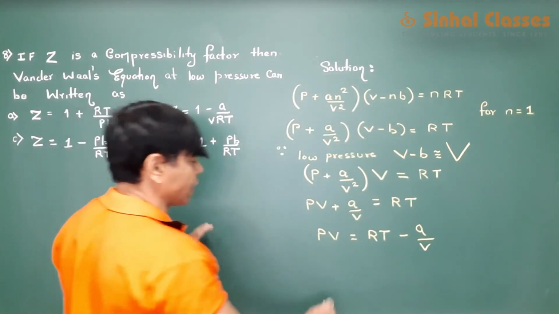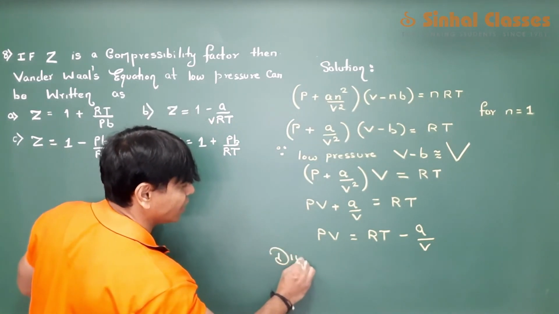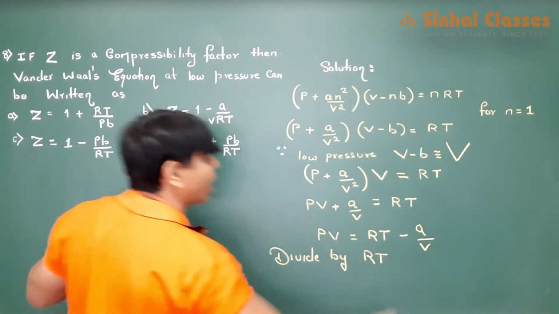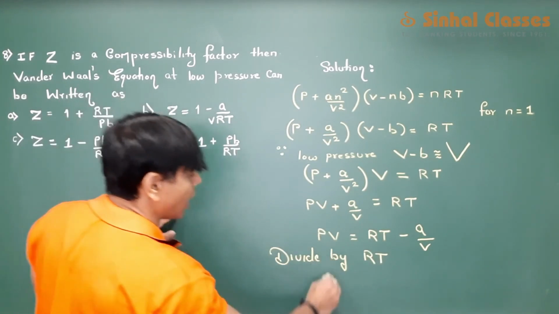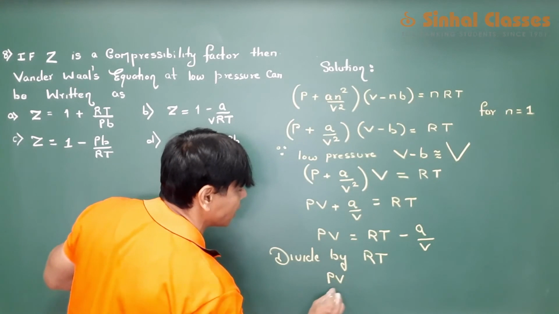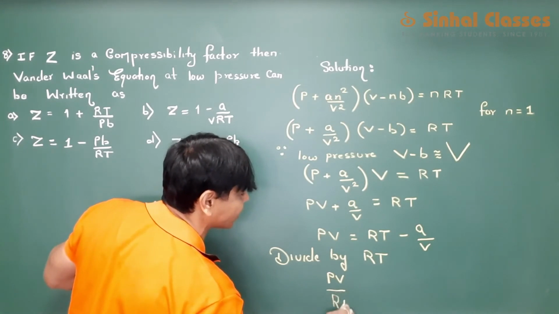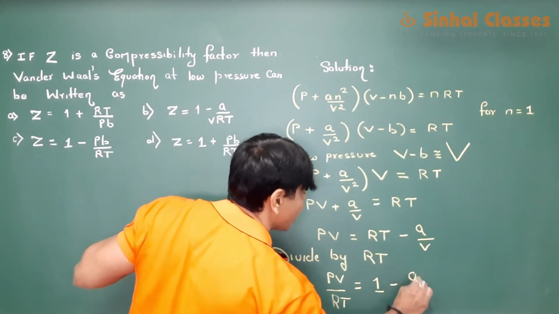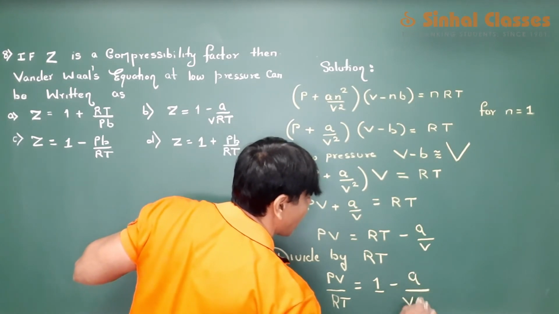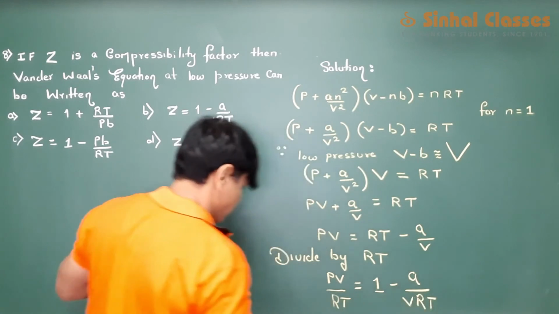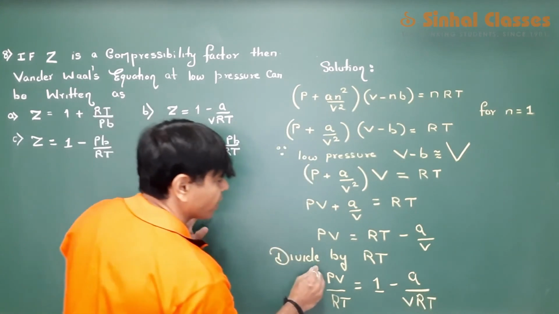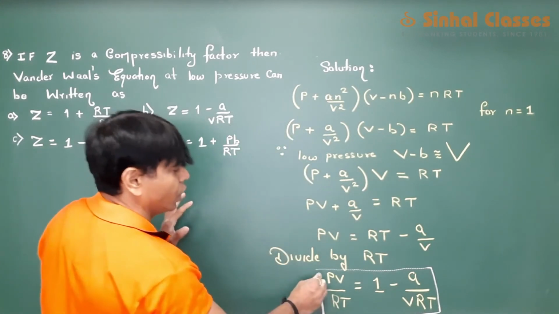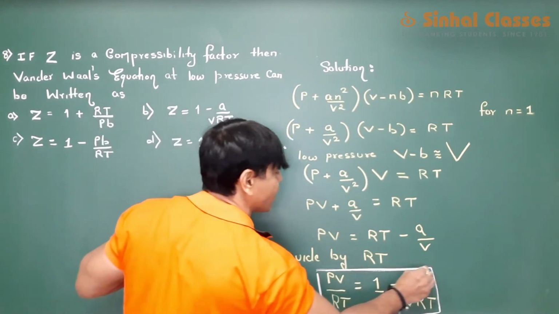Now very interesting. Divide by RT. Now when you divide by RT, you will get PV upon RT equal to 1 minus A by VRT. Look at this equation very carefully.